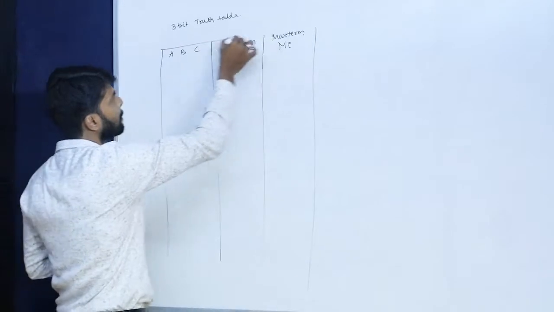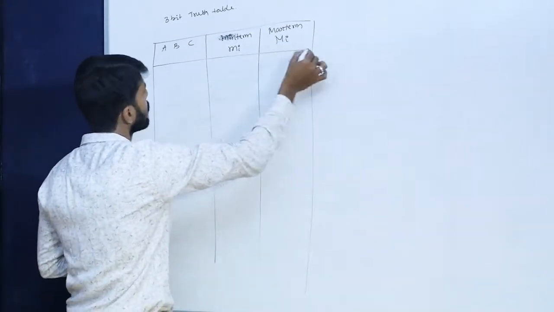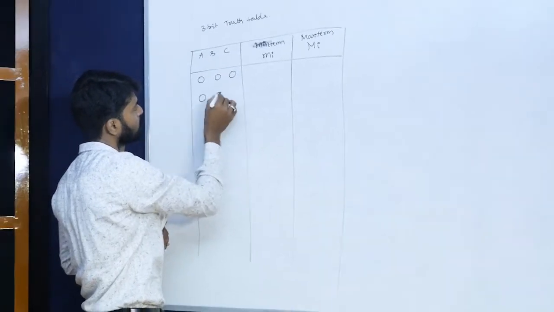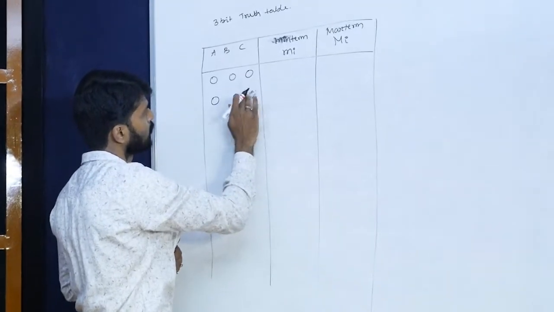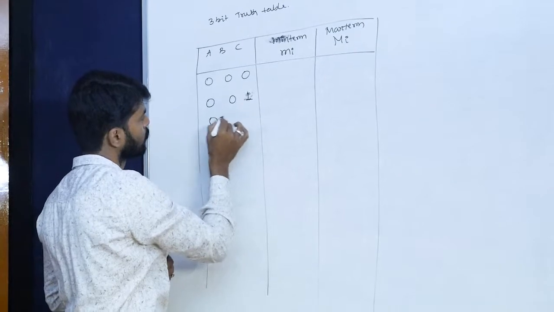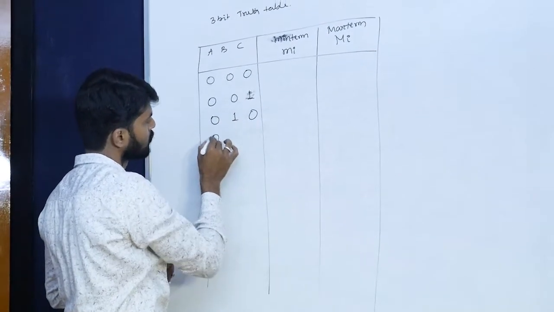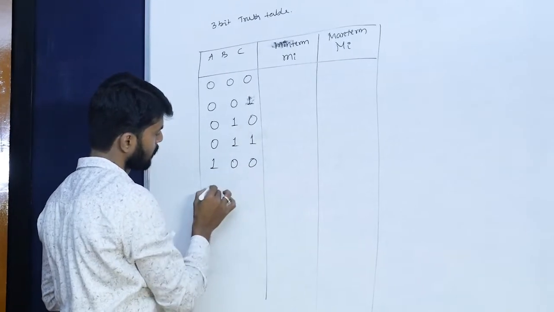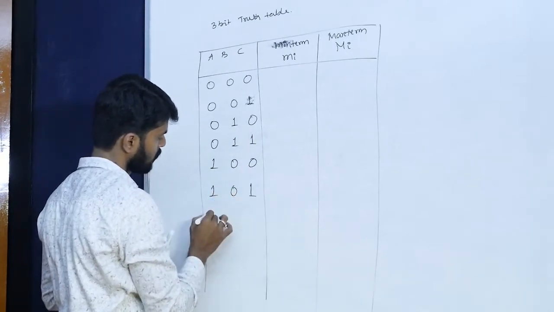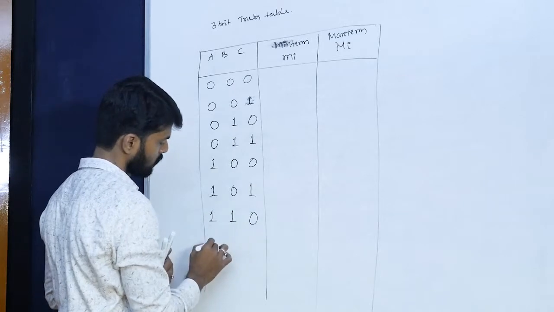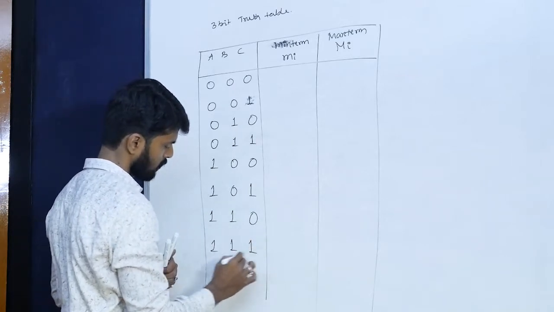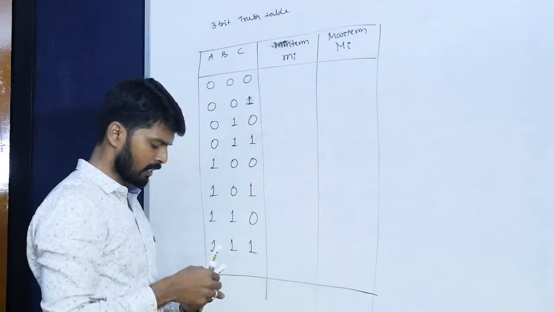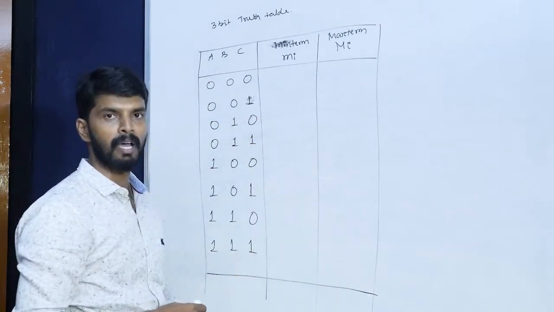Here I will give the binary weightage: 000, 001, 010, 011, 100, 101, 110, 111. Now we will see how to represent this binary weightage in minterm and maxterm form.